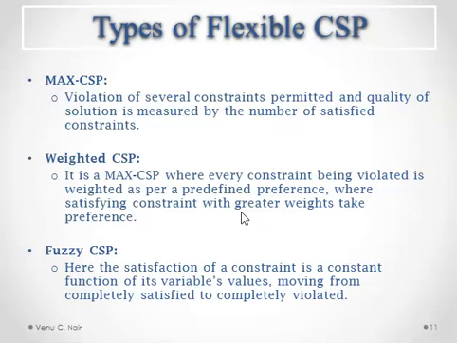So here the satisfaction of a constraint is a continuous function of its variable's value, moving from completely satisfied to completely violated, because in flexible CSP we have the provision of violating constraints. It can be any number from 0 to the maximum number of constraints, and we can represent these numbers in the form of a function. The solution working with this function, which is based on the variable's value, we call fuzzy CSP.